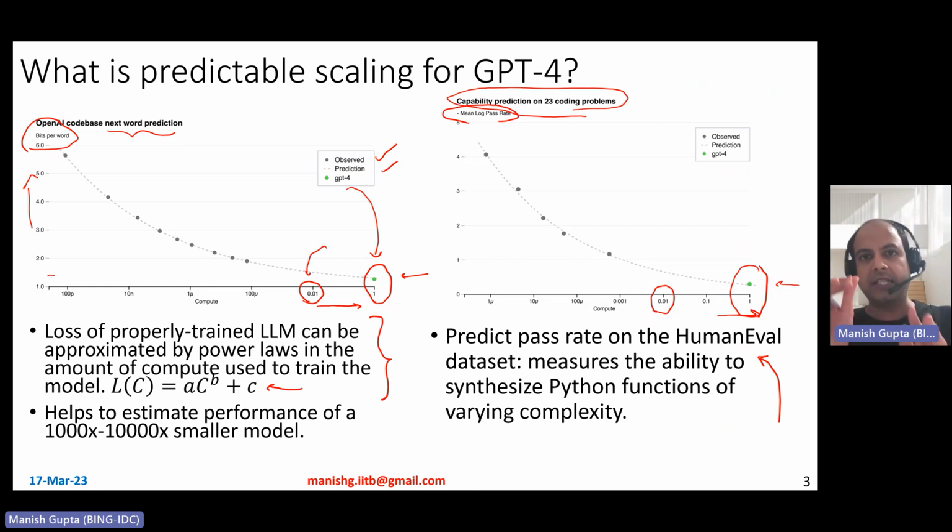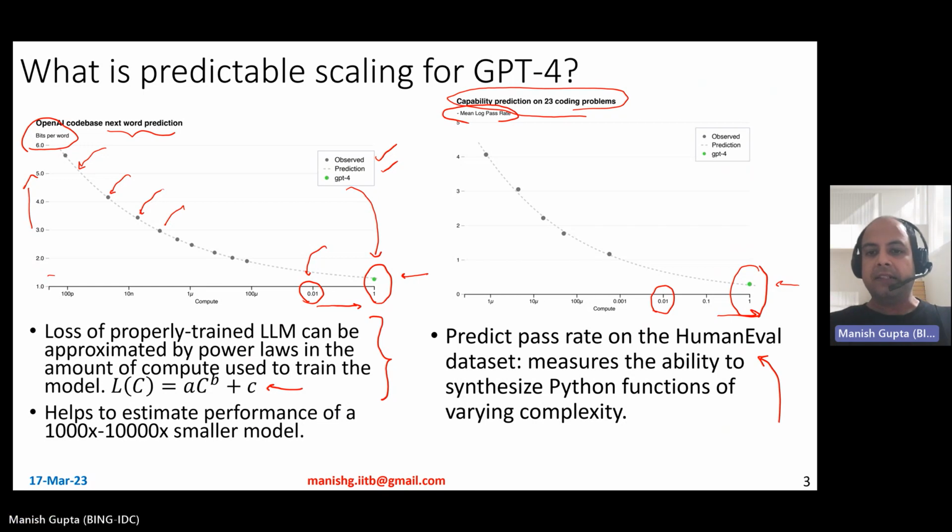And train more, what is the loss I get? The dots tell you the observed values, and the dotted curve tells you the predicted values. The nice fit tells us that yes, they follow the power law. As you throw in more and more compute to train the GPT-4 model, the loss decreases in a way that is defined by the power law.